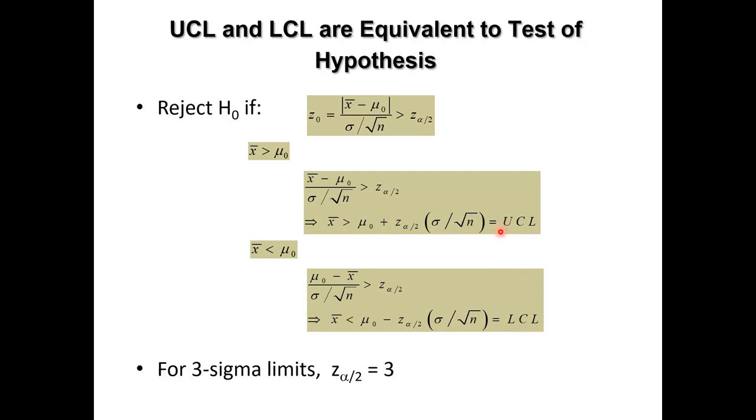A point larger than the control limit obviously lies above the upper control limit. For these situations, you're going to reject the null hypothesis, and you're going to conclude that the process is not in statistical control.